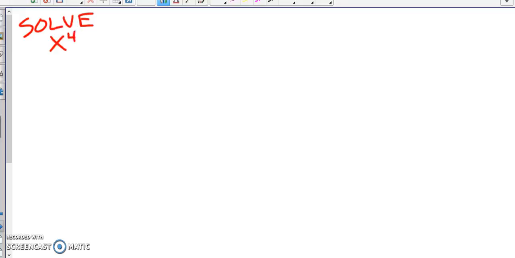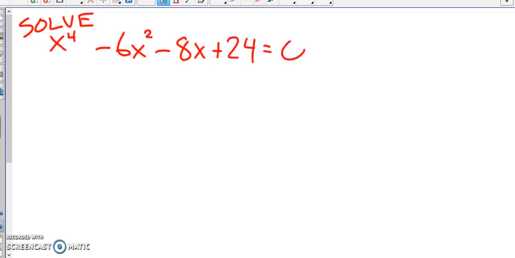Solve x to the 4th minus 6x squared minus 8x plus 24 equals 0. Hopefully you understand that that's the exact same thing we've just been doing. It's just worded a little bit differently.